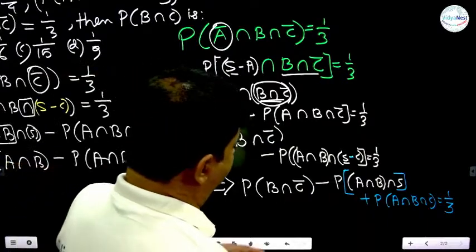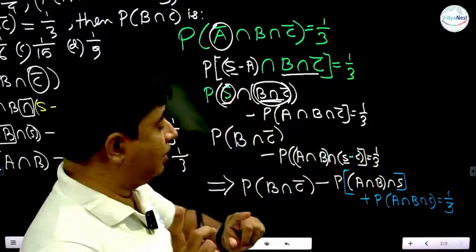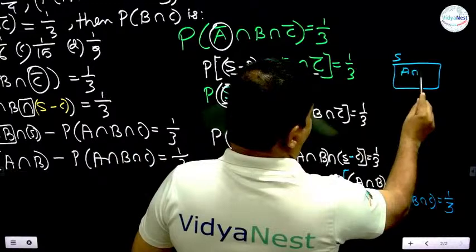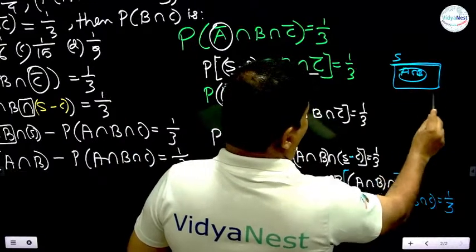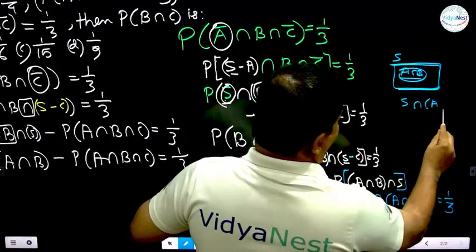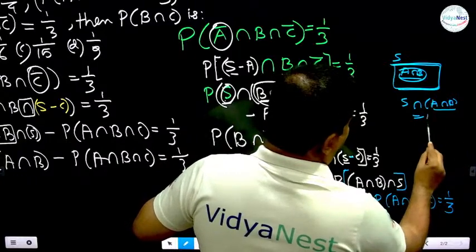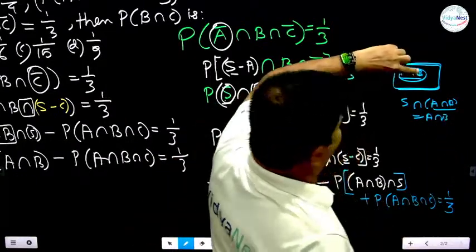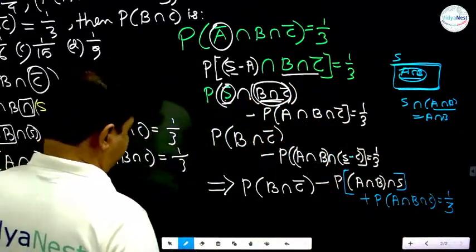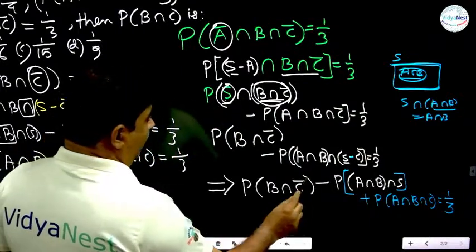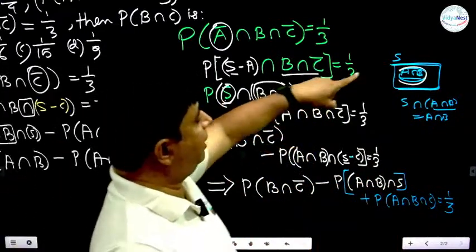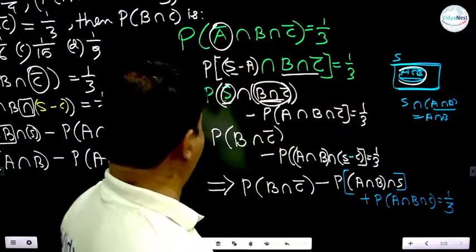So again that basic concept will knock at our door, that suppose this is S, this is A intersection B. So out of this S and A intersection B, what is the common part? A intersection B, the common region will come, because A intersection B entirely belongs to S. Yes or no? Okay, this A intersection B is totally inside S, so the common region of S and A intersection B will be A intersection B.